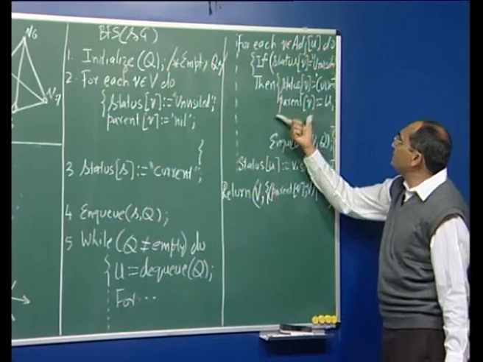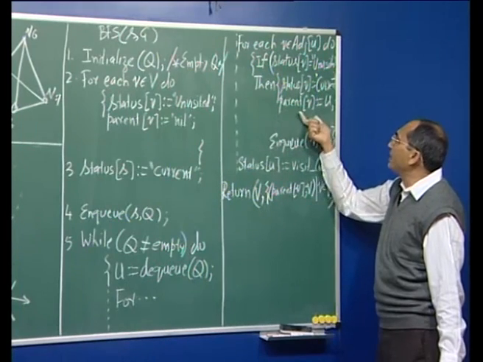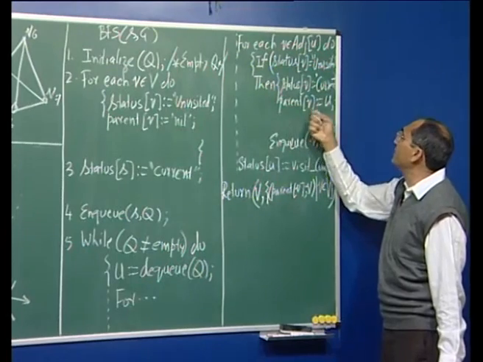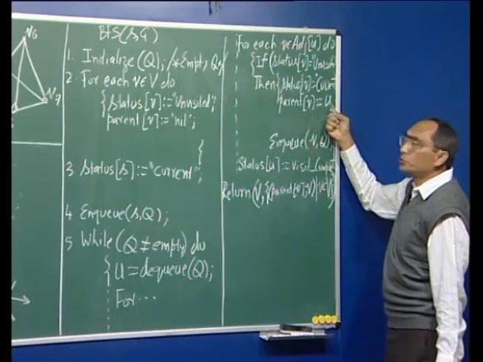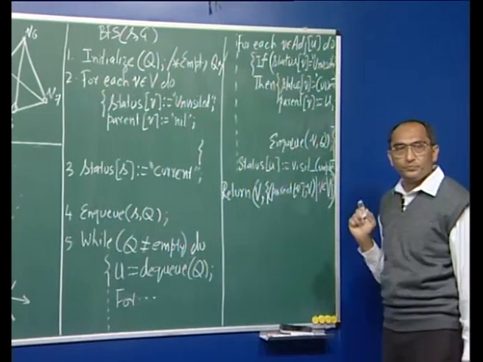And now here I am going to tell you what this new parameter is. The parent of v: here we are going to record how we reached v for the first time. We reached v through u. So we are going to set the parent of v to u.